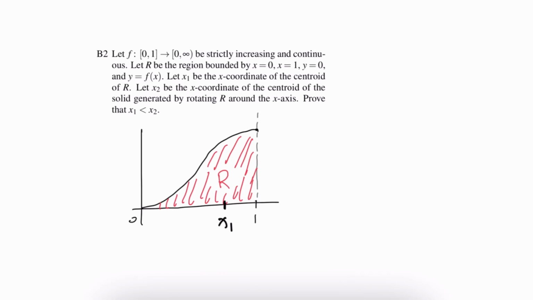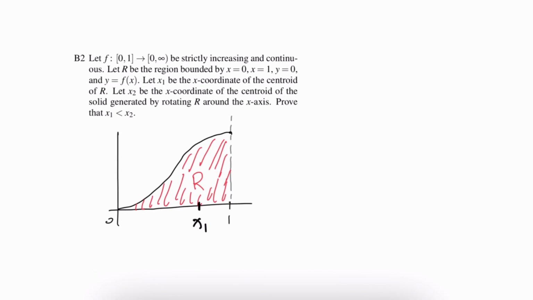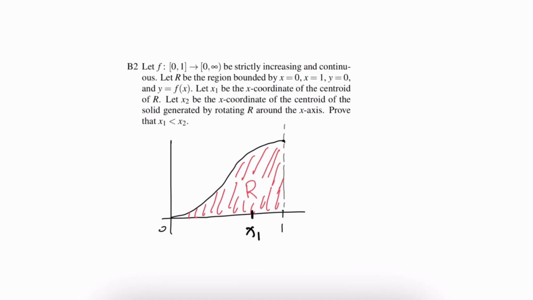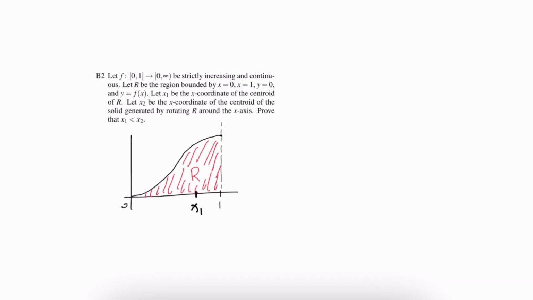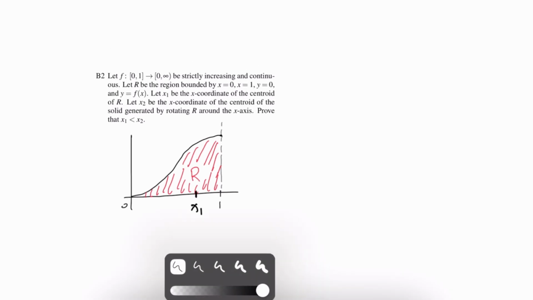Then we let x2 be the x-coordinate of the centroid of the solid we get by rotating R around the x-axis. I can try to draw that out, but it'll probably look quite bad.